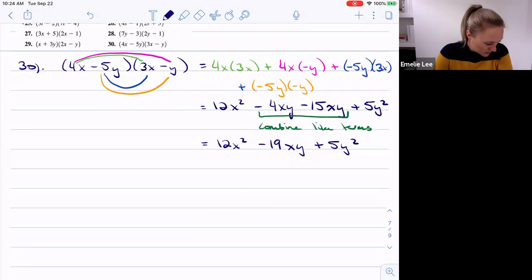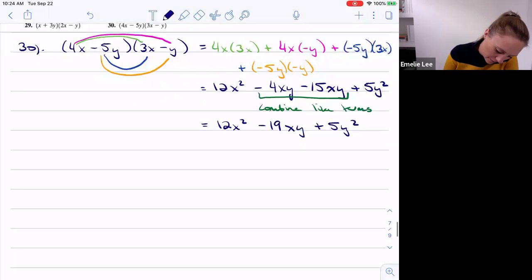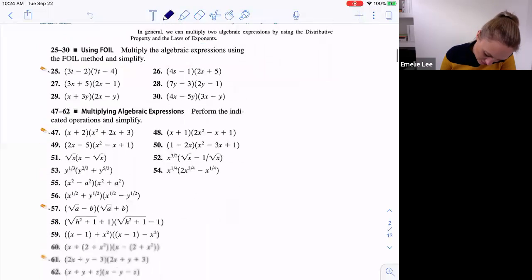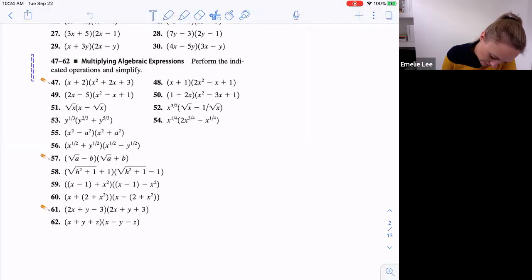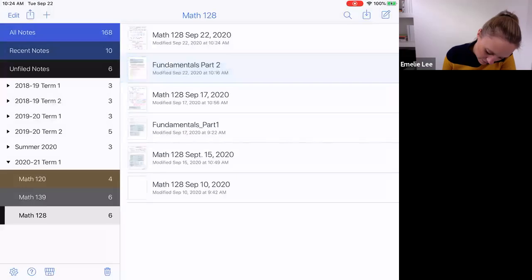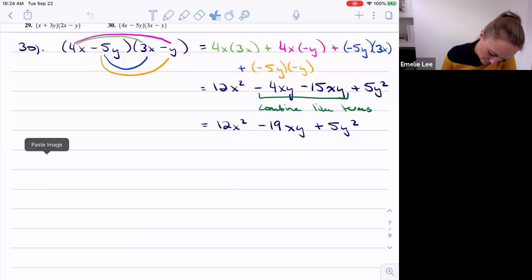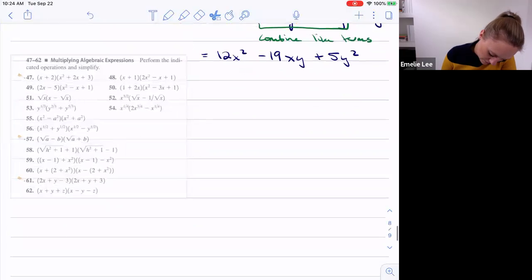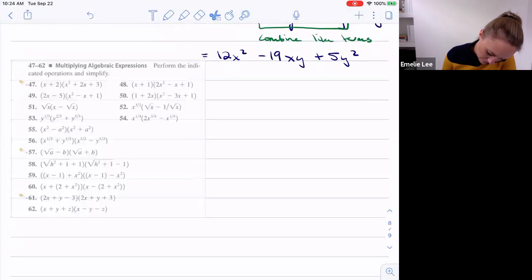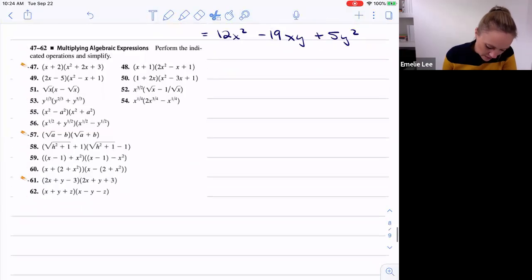So let's do another example from the next little group of problems. Let's do, which one?